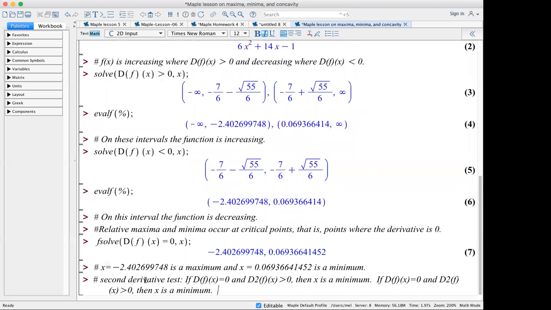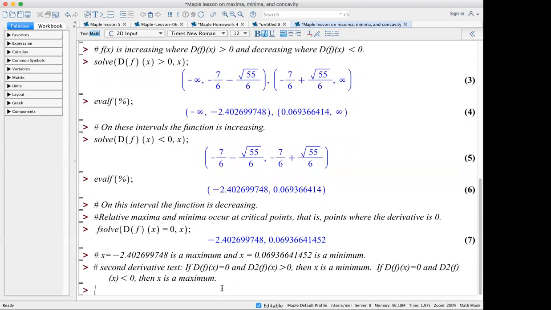If the first derivative is 0 and the second derivative is negative, then x is a maximum. So let's just check what we did by using the second derivative test.